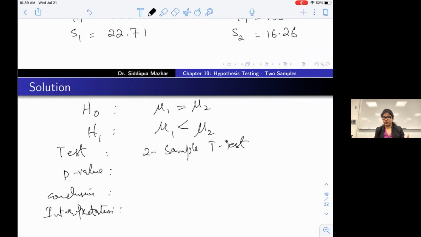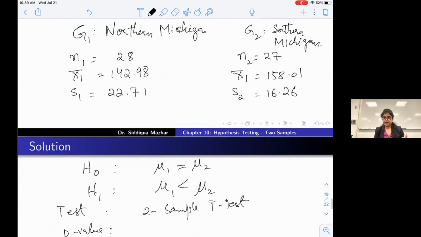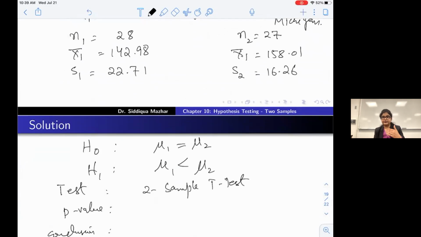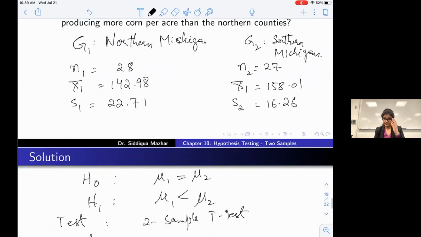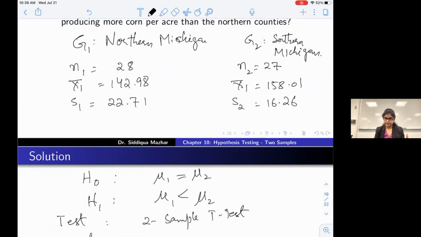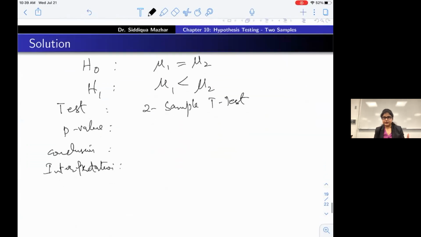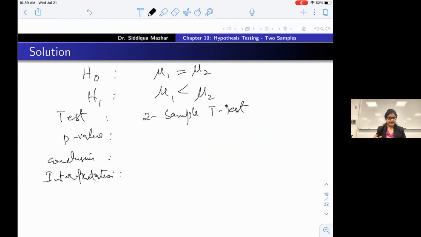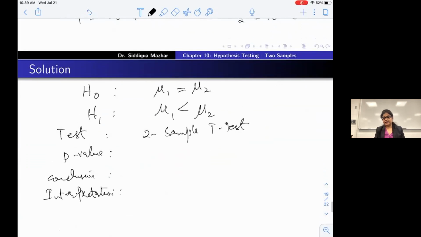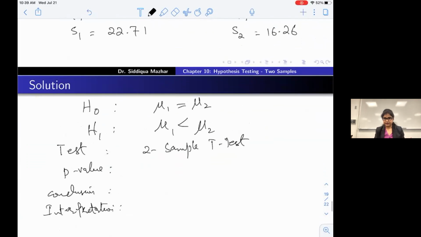It means the average corn for northern Michigan is less than the average corn per acre in southern Michigan. If the p-value is greater than alpha, that means we do not have enough information for rejecting H naught. So it means both productions are close to each other. This is what you will be writing. I'm leaving it on you.